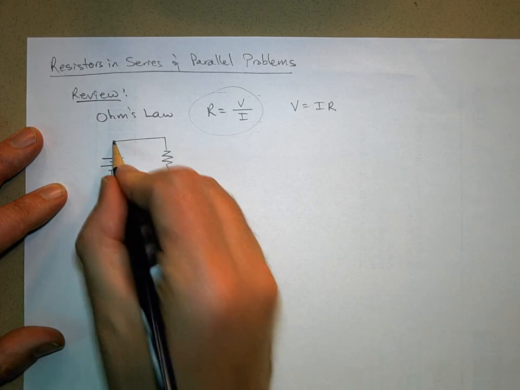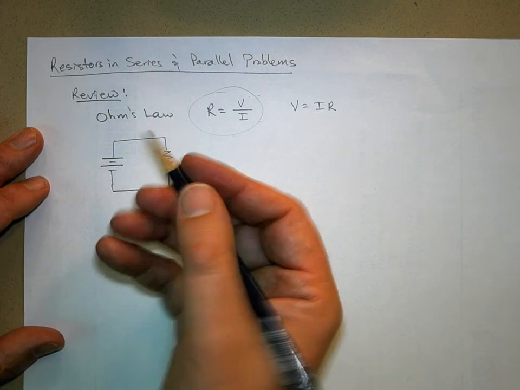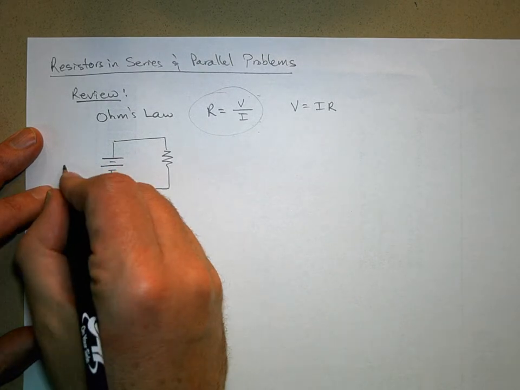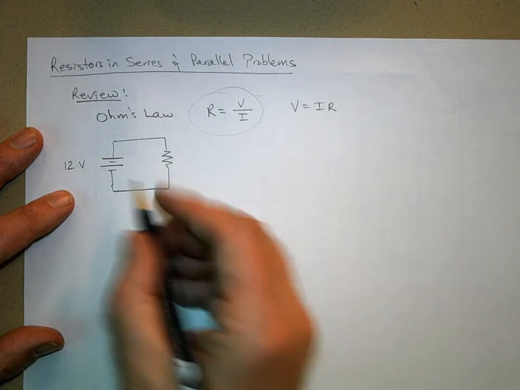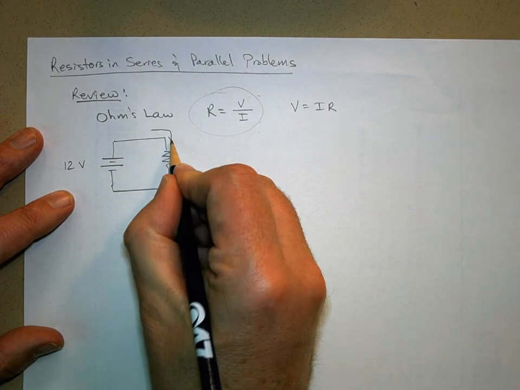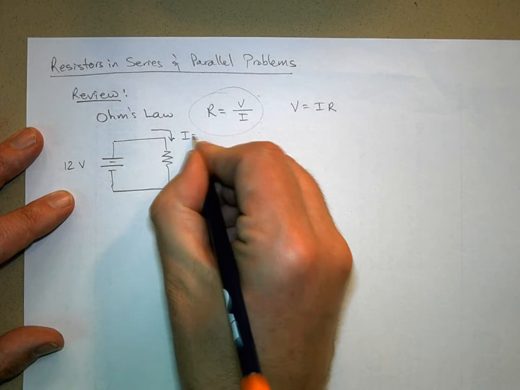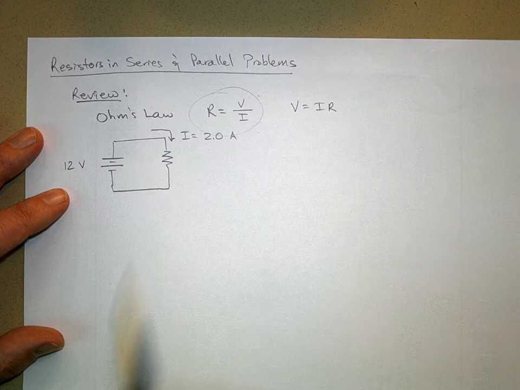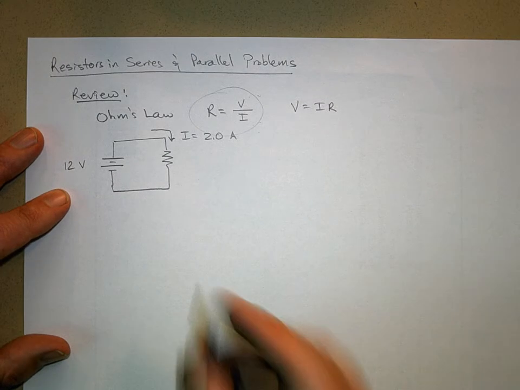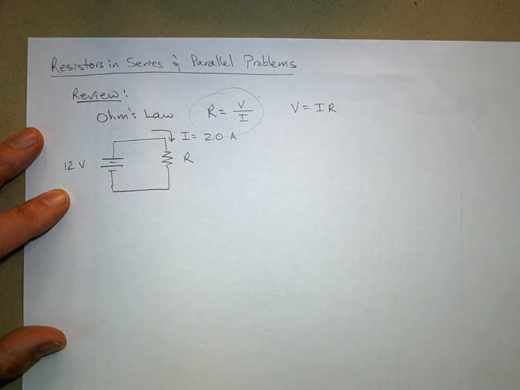So we said, just as an example problem, if this was 12 volts, and let's say you measure it with a current probe, and you say, oh, the current going through here is 2.0 amps. You have a 12-volt battery, and there's 2 amps flowing through it. Well, what's the resistance of that circuit?